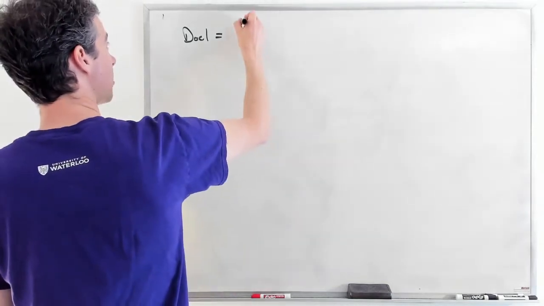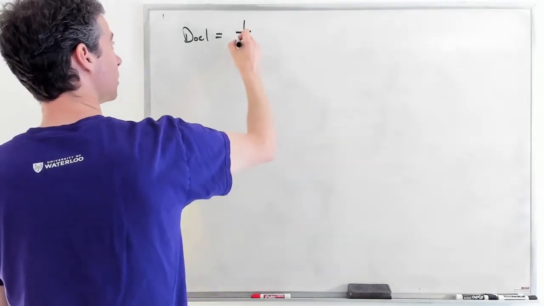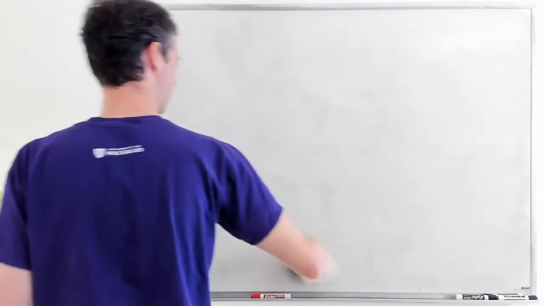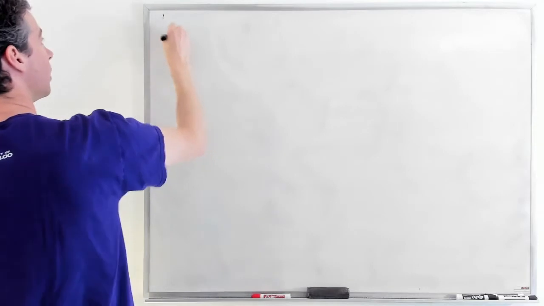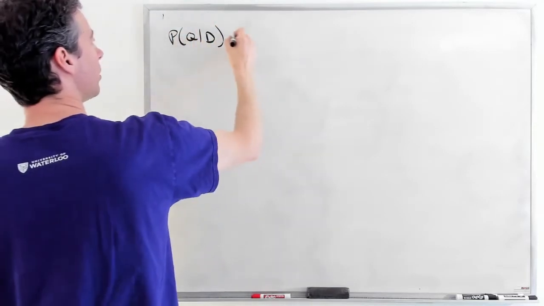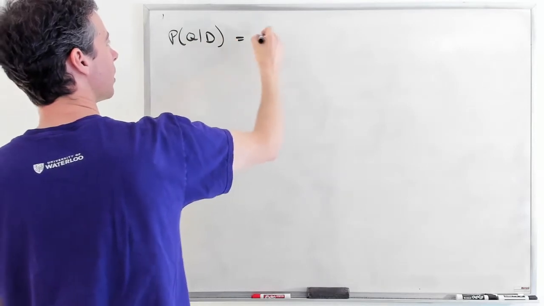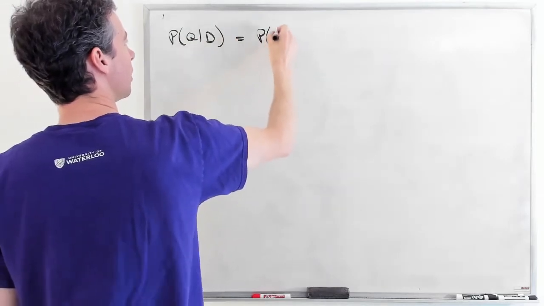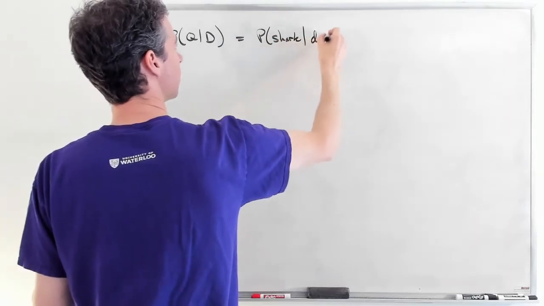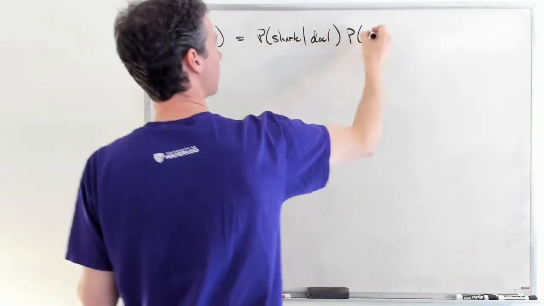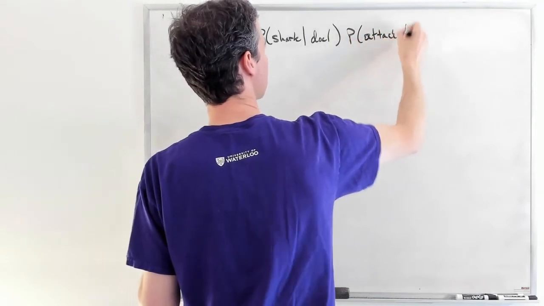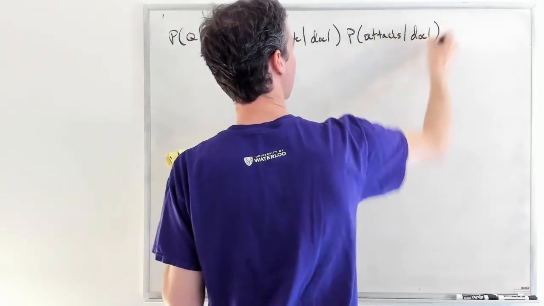So let's do the probability of a query given the document. This is the probability of shark given doc 1 multiplied by the probability of attacks given doc 1, right?